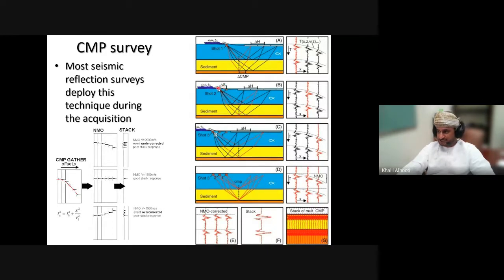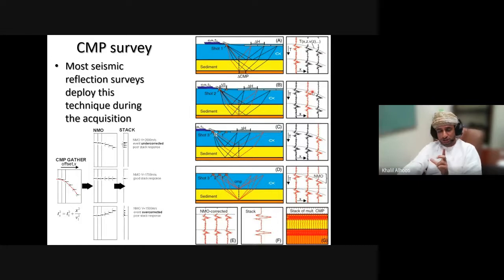The offset is larger. This midpoint is imaged by the second hydrophone. So the offset between the first geophone and the source for this midpoint is smaller, whereas for this midpoint it gets larger. I'm still imaging the middle point.